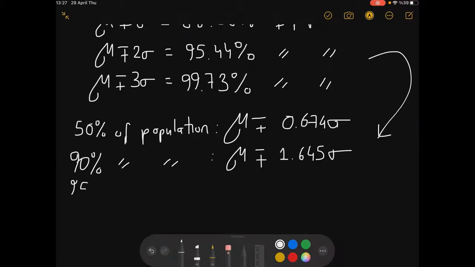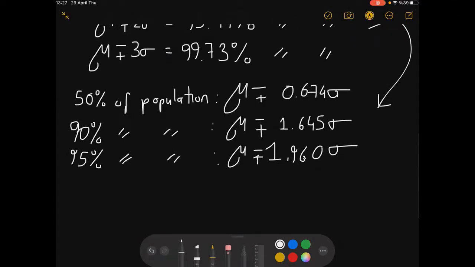And if you want to talk about 95% of the population, your mu should be spread like this, 1.96 sigma spread.